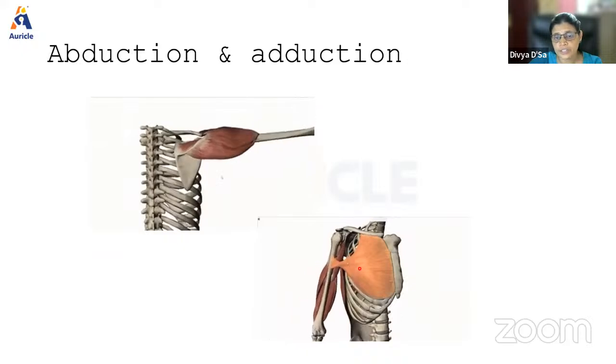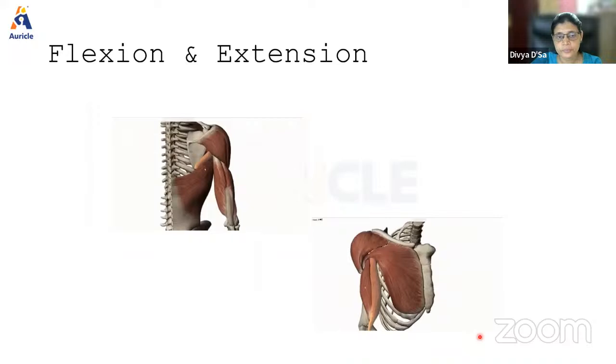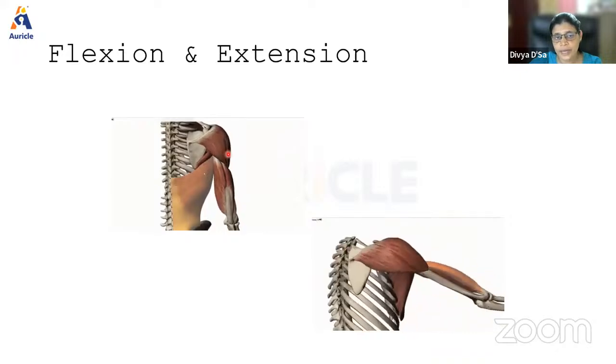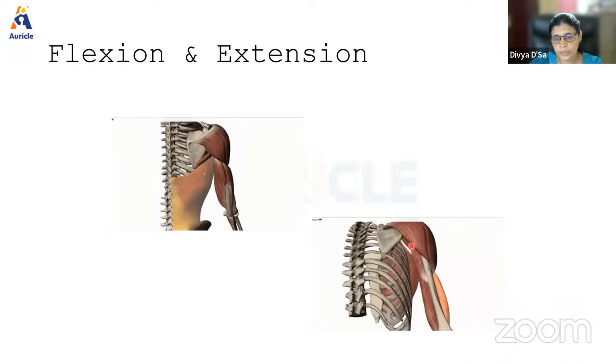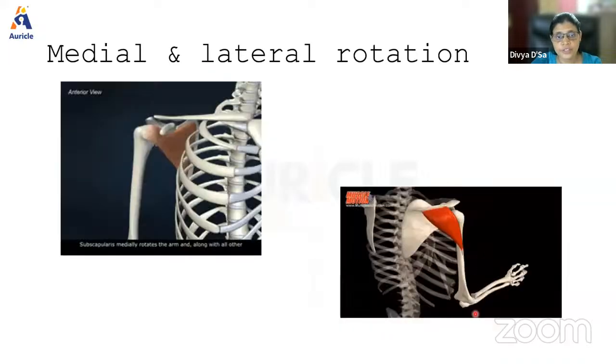Adduction is brought about by the pectoralis major. Flexion is by the anterior fibers of the deltoid, and extension is brought about by the posterior fibers and the teres muscles.